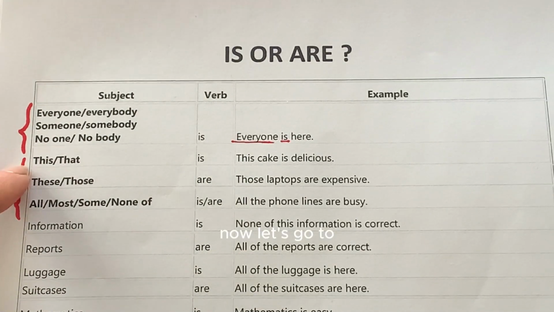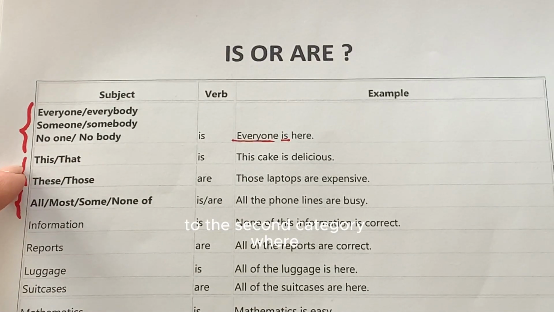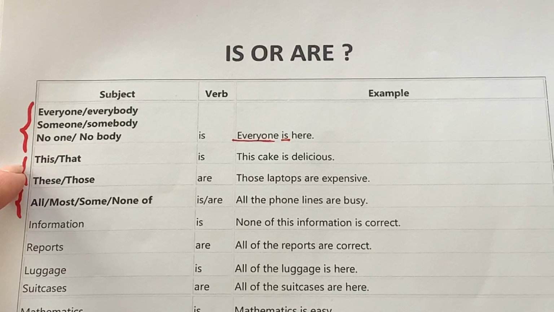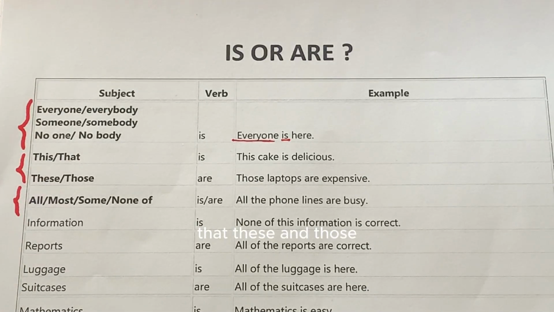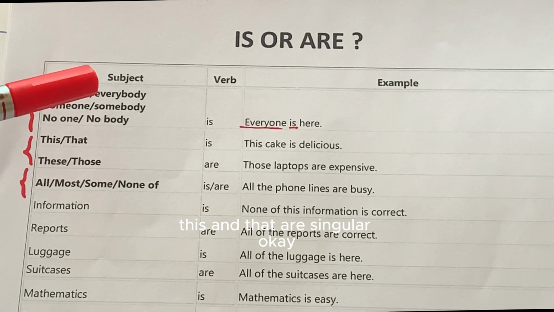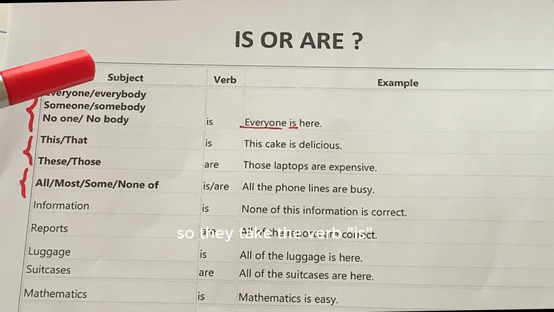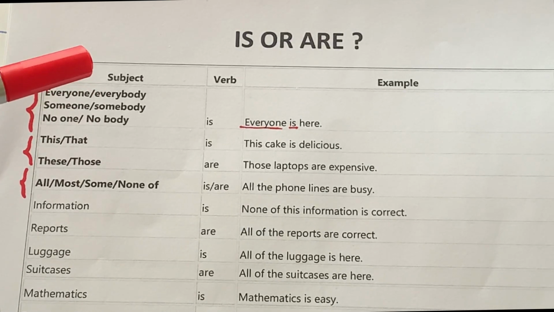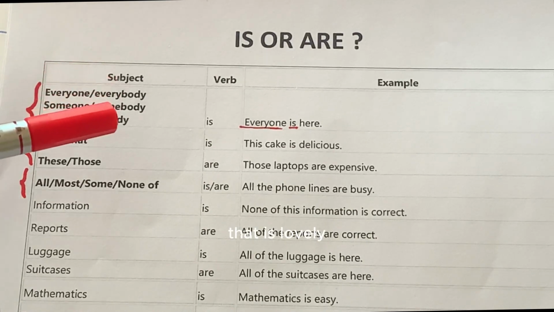Now let's go to the second category where sometimes students make mistakes. This, that, these, and those. This and that are singular, okay? So they take the verb is. This is lovely. That is lovely.